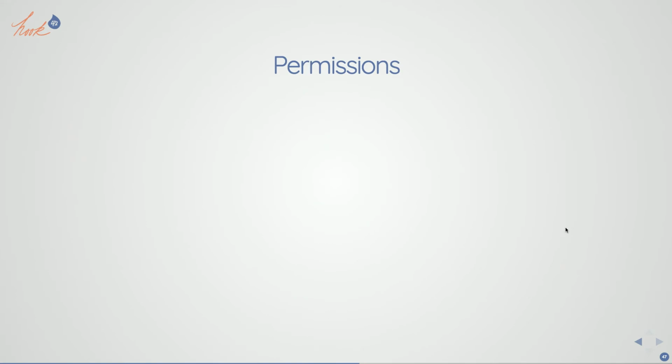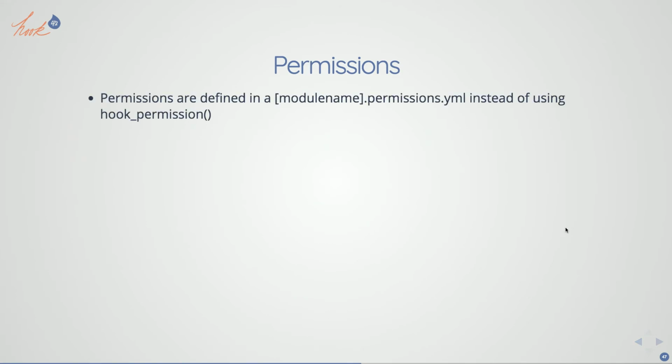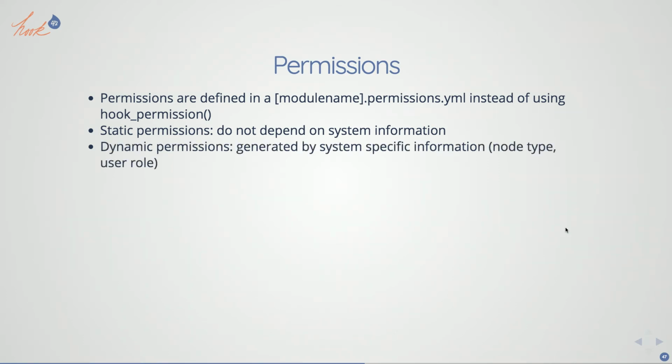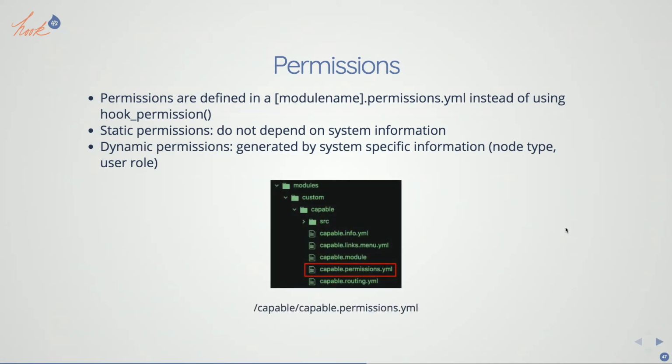Okay, permissions. We got there eventually. Permissions are defined in capable.permissions.yaml. In D7, you used hook permissions. It has its own file now. There are static permissions that do not depend on system information, and there are dynamic permissions, and these are generated by site-specific information. I actually took out the dynamic part of this talk because it's already too long.